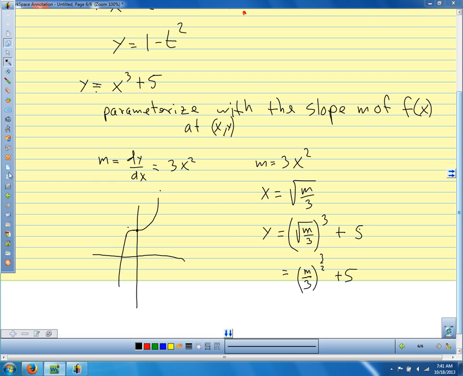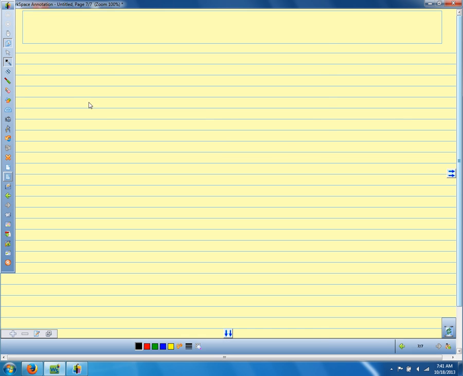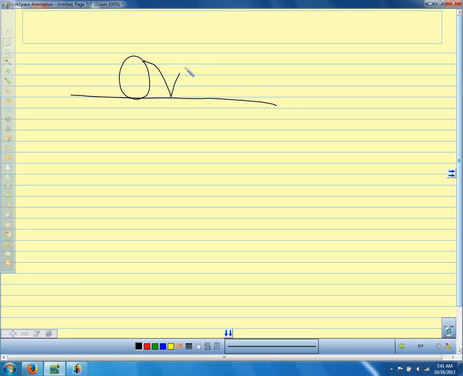A cycloid is, if you have a circle rolling along a track, the path that a point on the rim of that circle takes. Looks like that. So as the circle rolls, we can come up with a parametric equation of a cycloid.